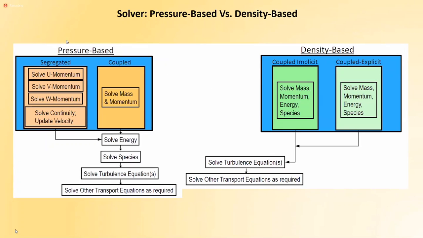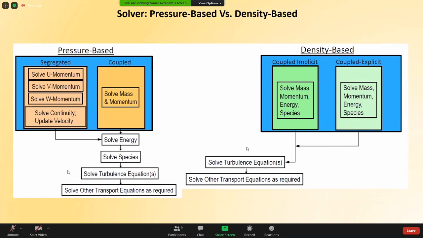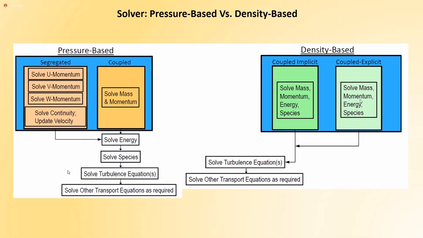Okay, the difference between pressure-based solvers and density solvers is quite known. We usually use density-based solvers today mostly for problems which are very high Mach, and these are problematic problems.